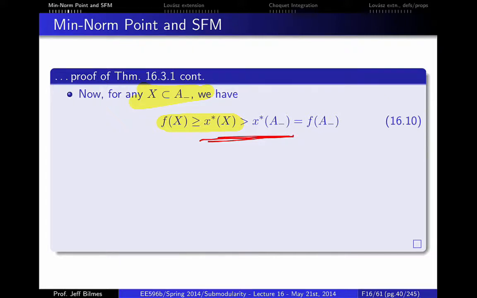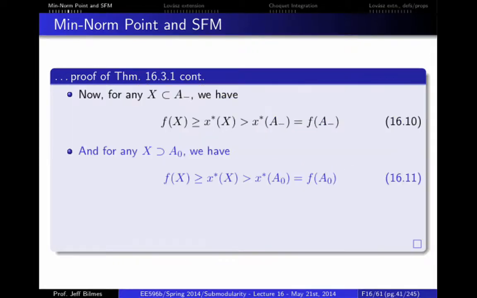So this is strictly less than this. But then we just proved that this is true. So any strict subset of A minus has a strictly greater value, because of this strict inequality. Therefore A minus is indeed the smallest minimizer.